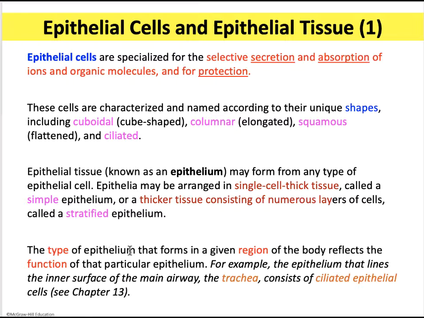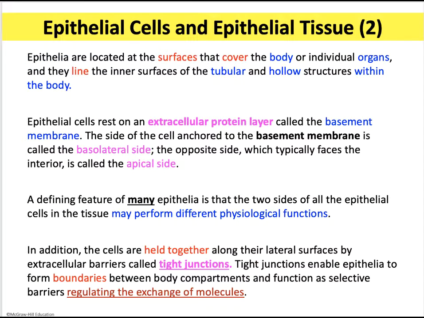So epithelial cells in the trachea will have evolved for a purpose to help the trachea perform its function. The next area of understanding to do with epithelial cells is that they always rest on some type of extracellular matrix made of proteins and sugars called the basement membrane.